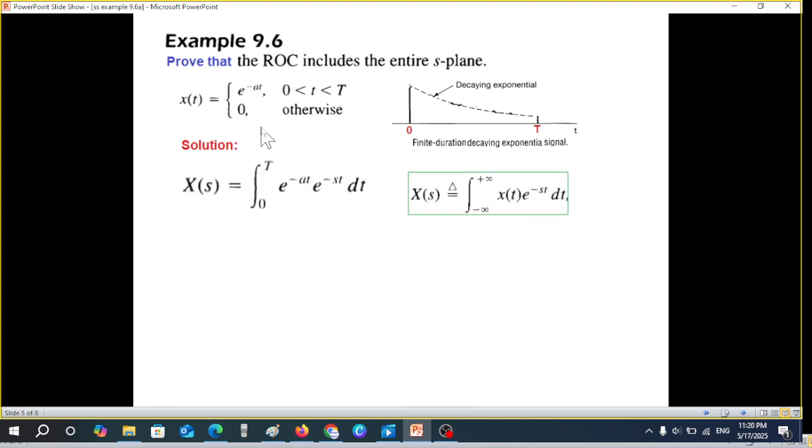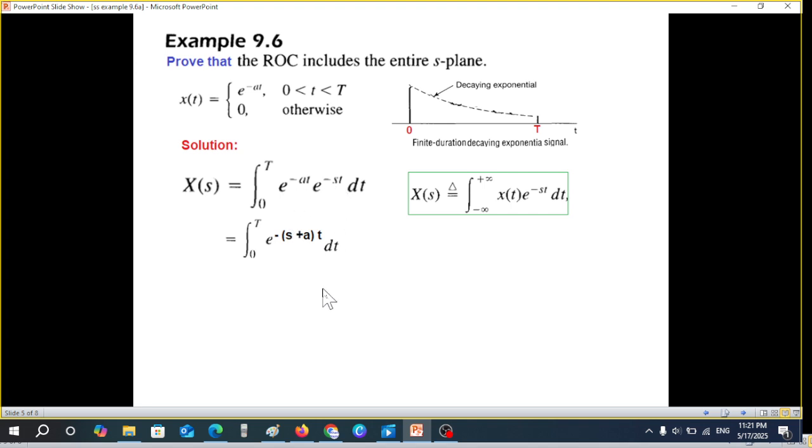Now, to find its Laplace transform, I hope you remember the formula. It is defined as the integral of x(t) e to the power minus st. In our case, we write e to the power at and e to the power minus st, and the limits, instead of minus infinity to plus infinity, will now be from 0 to capital T.